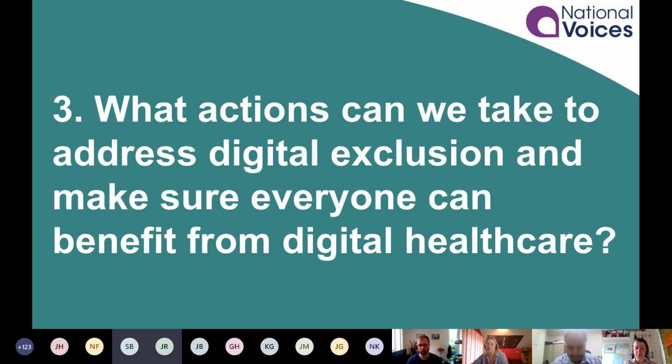I'm new to this, so I lead for digital inclusion at STP level and just started when COVID hit, so I have been trying to work on it, and I've been loving all of the comments. I think we have a lot to do as organisations to make it easier for things to happen.